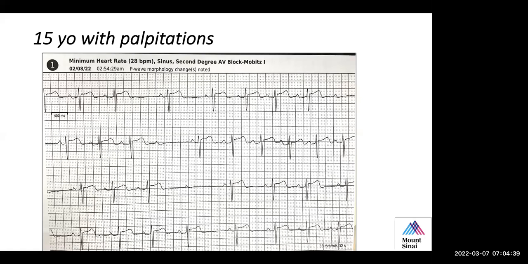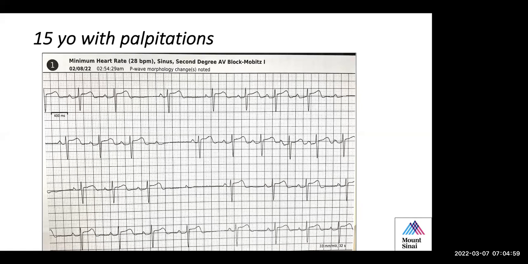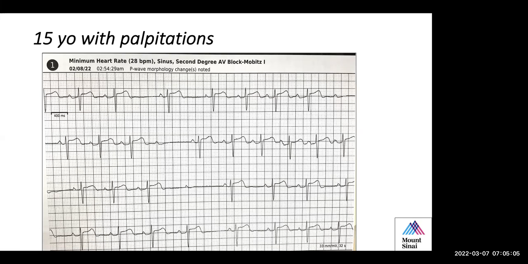Maybe I'm wrong. And then the third one is dropped. And if we go to the last beat on the first tracing, we can see just a P wave without a QRS again.